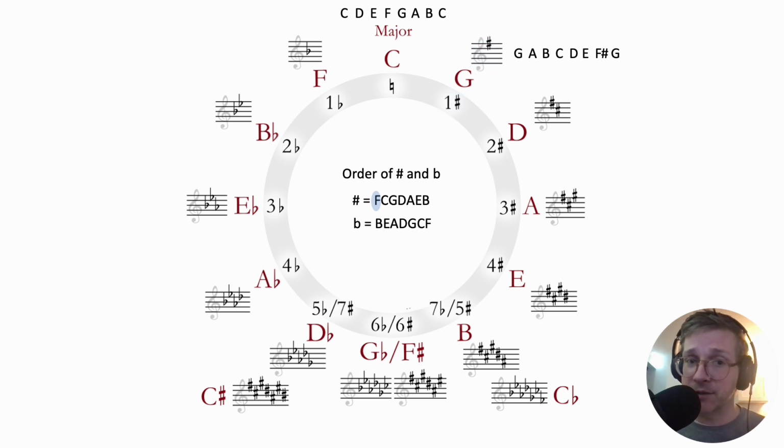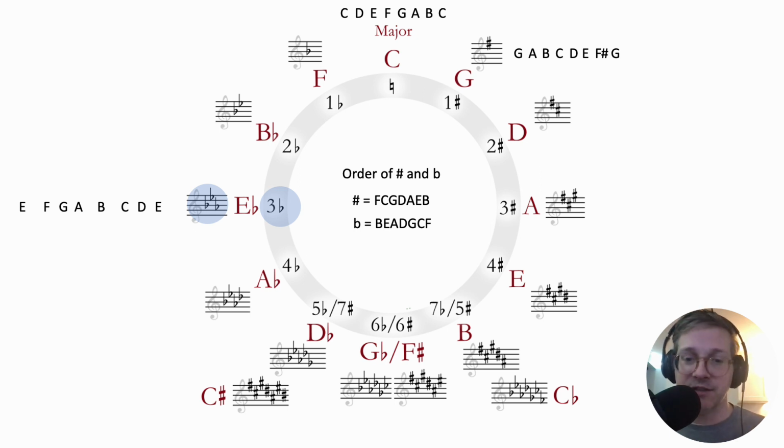Let's try a flat one, just to show you that it doesn't matter if it's flats or sharps. It works the exact same way. Let's go to E flat over here on the flat side. So first step, write out your musical alphabet starting on E. Don't worry that it's the E flat scale. Just write the musical alphabet. E, F, G, A, B, C, D, and we're back to E. Now look at your key signature. 3 flats. Which 3 flats?